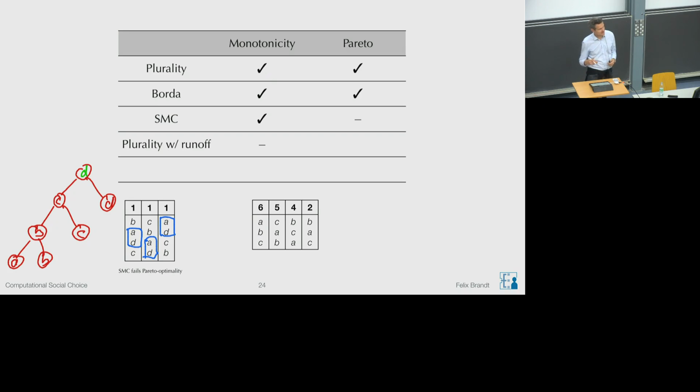Now if monotonicity is violated, it is possible that some of these voters move A upwards in their preference ranking, and A then becomes a loser. This is exactly what's happening here, so I've marked which ones are changing. These 2 voters move A above B. Then we get the following preference profile.